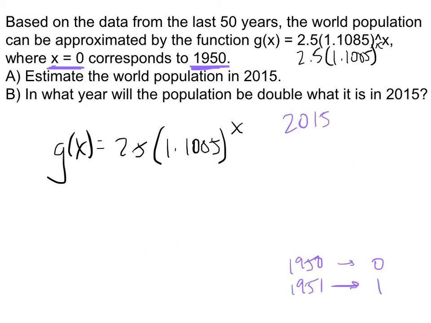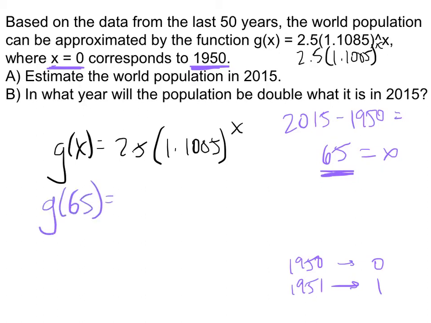So we have to figure out the years that have passed since 1950. The way we're going to do that is subtract 1950 from 2015, and that's going to give us what our x is. So 2015 minus 1950 is 65. So I know that our x is 65 in this problem. So we're going to figure out g of 65, which is 2.5 times 1.1085 raised to the 65 power.